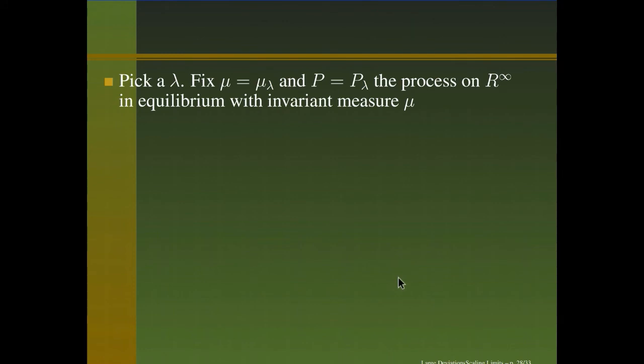So you pick a lambda, and then you pick mu corresponding to mu lambda, and consider the product measure on the entire integers Z, and call that measure mu, and look at the process with this invariant measure.